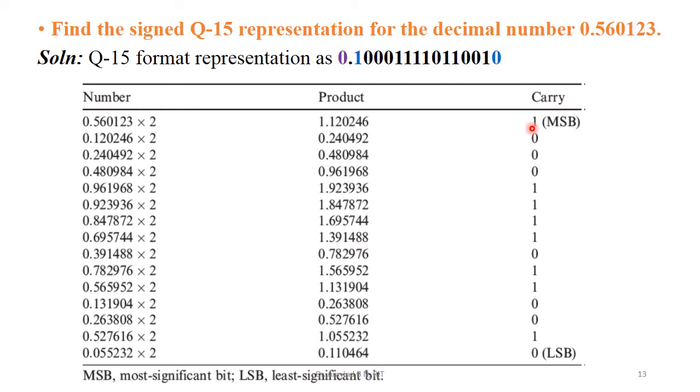The first one we get is the MSB bit, and the last one we get is going to be the LSB bit. This is how the Q15 format realization is done.